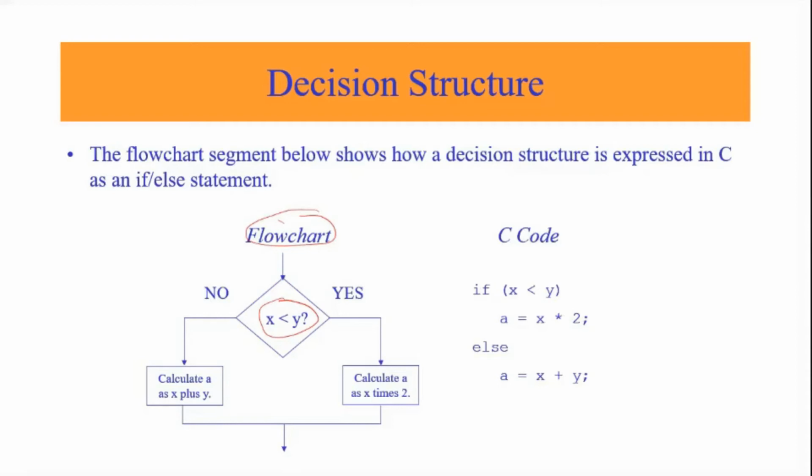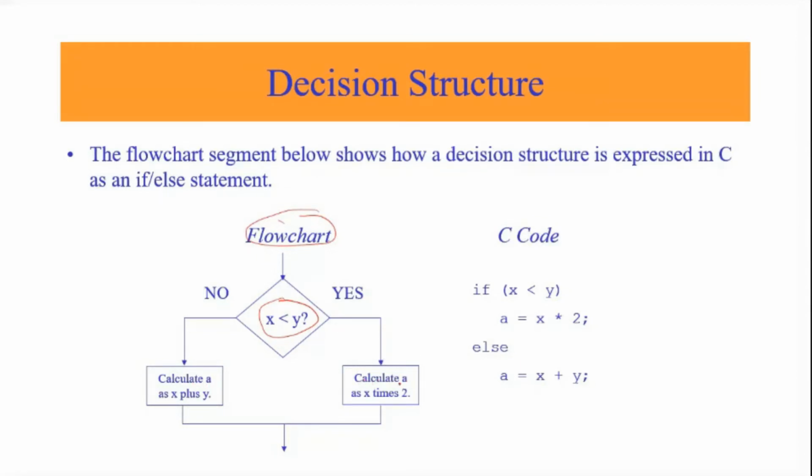In a decision structure, there will be one input, and in this particular diamond-shaped element, there will be one input and 2 outputs, one for yes and the other for no. So there will be 2 different outputs, and in most of the cases, both of these will be joining together after some process that is happening. These rectangles represent a process.